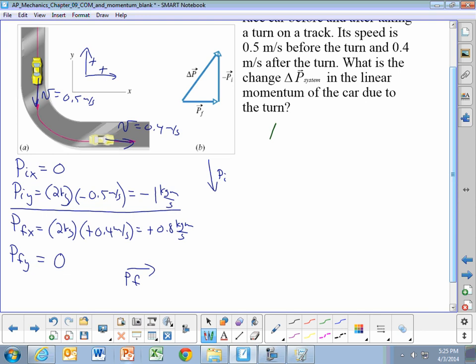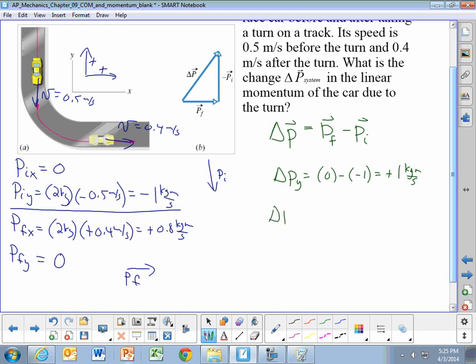And so change in momentum is the final momentum minus the initial momentum. Looking at this, I can find the change in the y direction, which is 0 minus negative 1. So the change in momentum in the y direction is positive 1 kilogram meters per second.